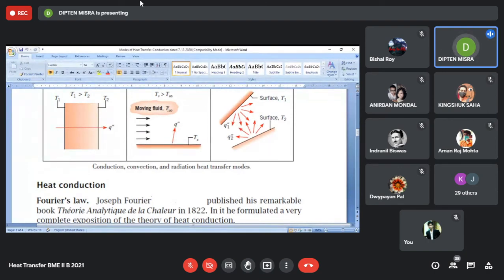Now, this T ambient indicates the free stream temperature of a fluid that is moving over this surface, and the surface has a temperature Ts such that this Ts is greater than the free stream temperature. The surface temperature is greater than the free stream temperature of the moving fluid. If that is the case, then we know from our experience that heat will be absorbed by this fluid.